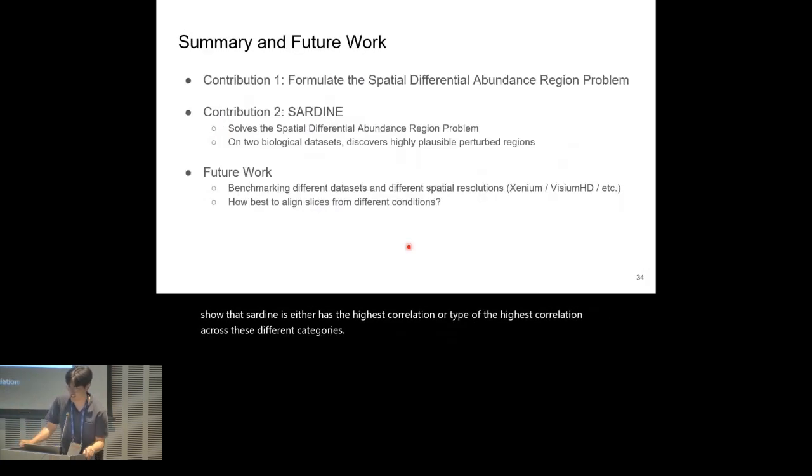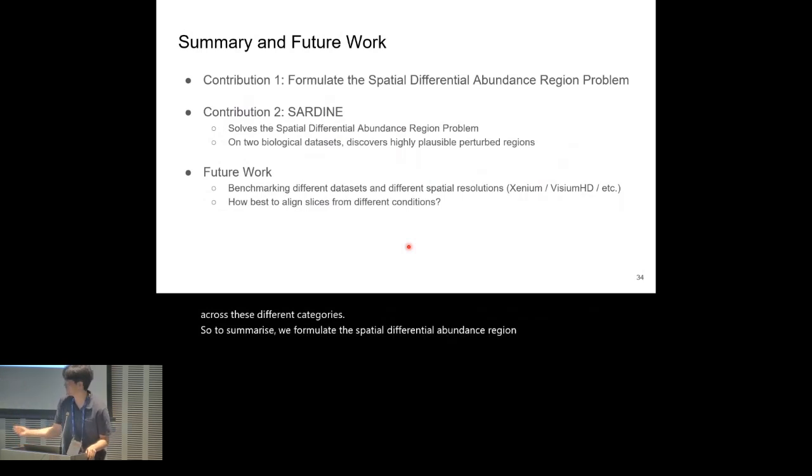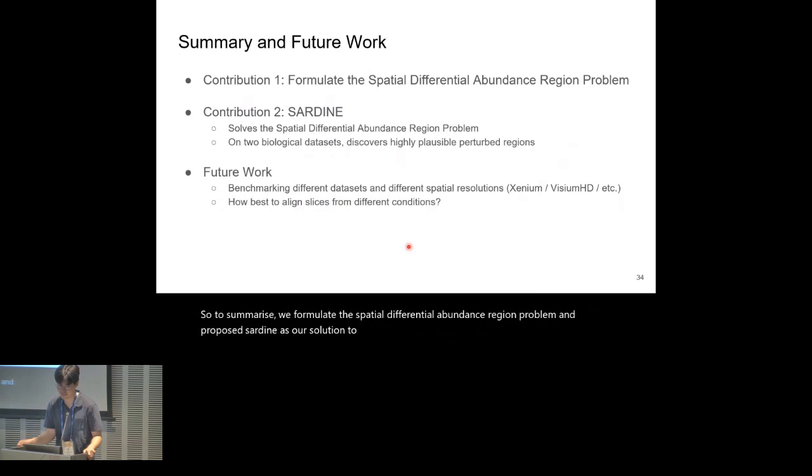To summarize, we formulate the spatial differential abundance region problem and propose Sardine as our solution to it. On this mouse cortex data set, as well as one other data set that I didn't show in this presentation, we discover highly plausible perturbed regions. As future work, we plan to benchmark on different data sets and different spatial resolutions.